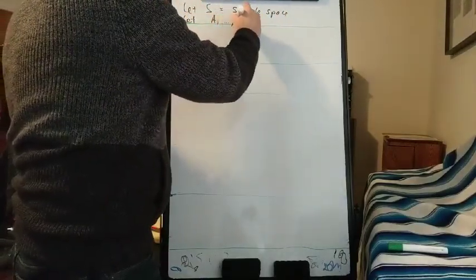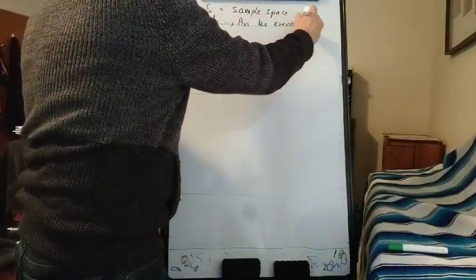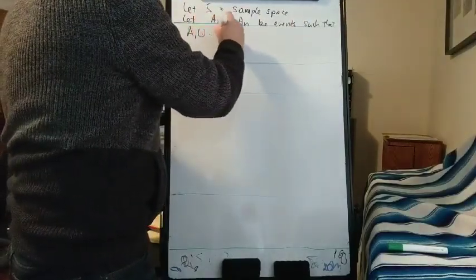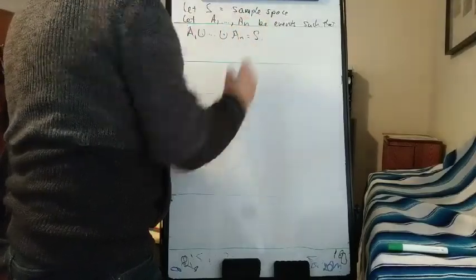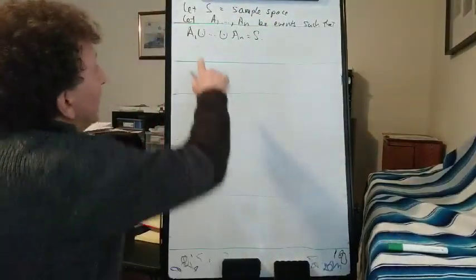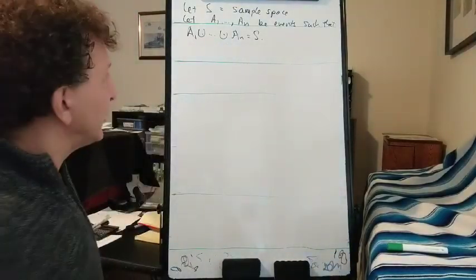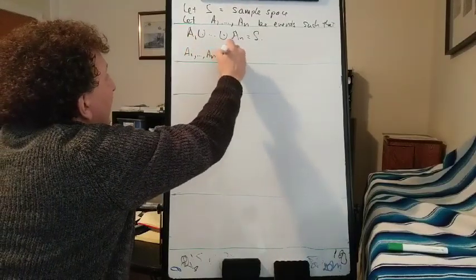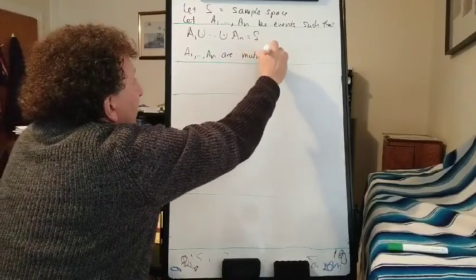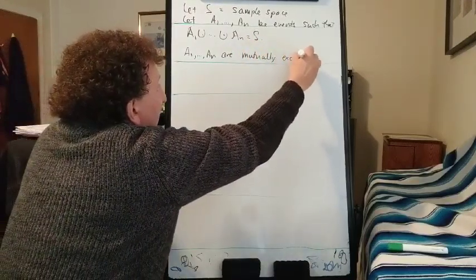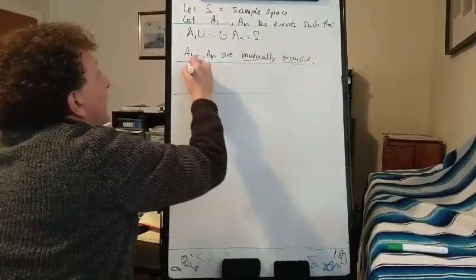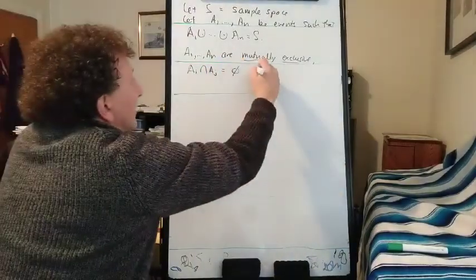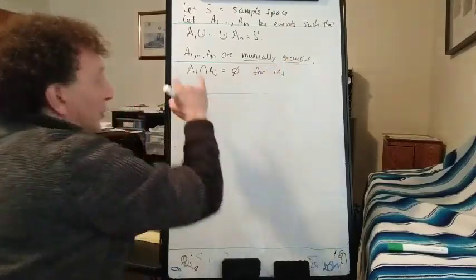And let's let A1 through AN be events such that their disjoint union is S. So this disjoint union, the union signs with the dots in them, mean A1 through AN are mutually exclusive: you take any two of them, they have no intersection, as long as we take two different ones.